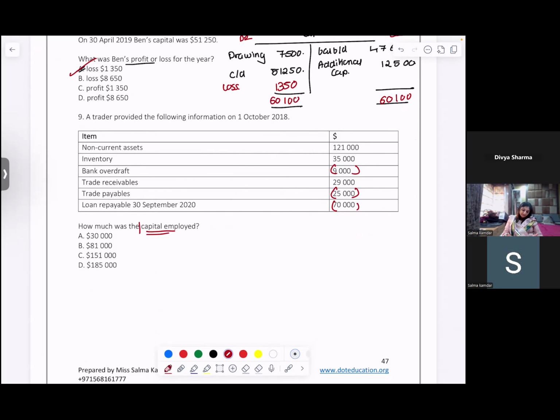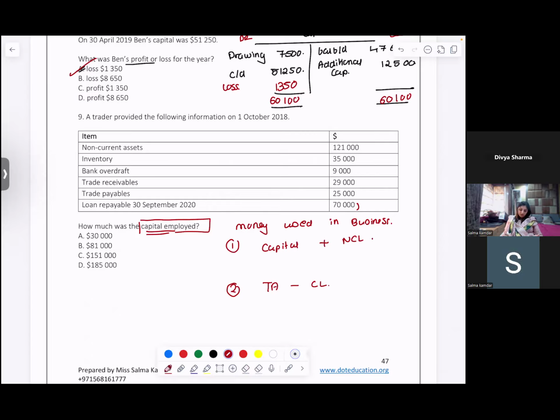How do you find out capital employed? Assets minus liabilities. No, it's money used in business. It would be capital plus non-current liability, or the other way to find it is total assets minus current liabilities.